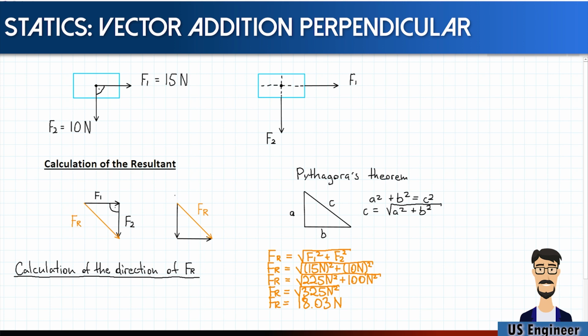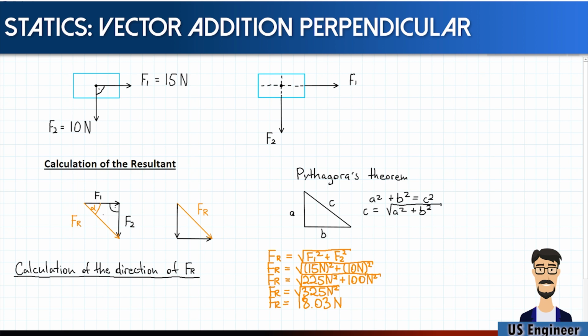The direction of FR is usually expressed as an angle between FR and the horizon. In our case, that angle is between FR and F1, and I'm going to denote that angle as alpha. So, we're looking for alpha.